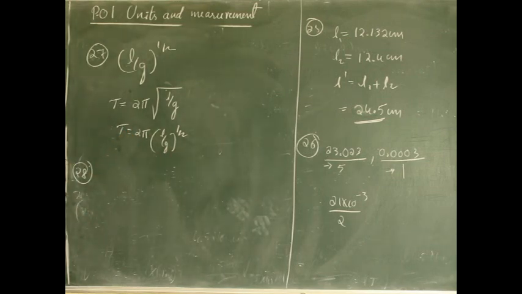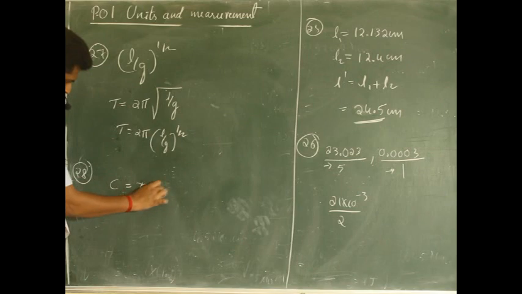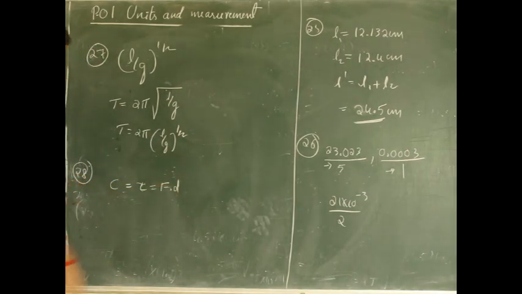Next is, if eta is the rigidity modulus, R is the radius, L is the length, and C is the moment of couple, then it is given moment of couple, it is mentioned, C is equal to moment of couple, that is nothing but torque, because rotational motion it is, correct? That means F into D I can write.